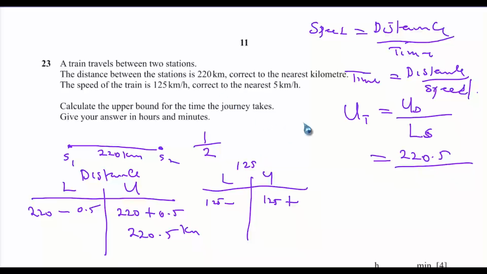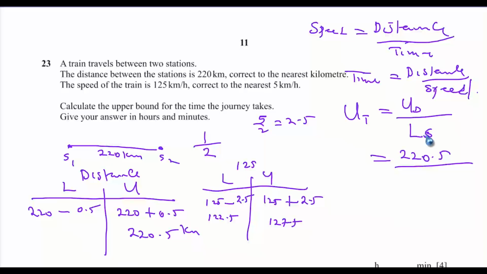The degree of accuracy of the speed is correct to the nearest 5 kilometers per hour. So we divide 5 by 2, that will be 2.5. From here we subtract 2.5 and here we add 2.5. So obviously the lower bound will be 122.5 and the upper bound will be 127.5.